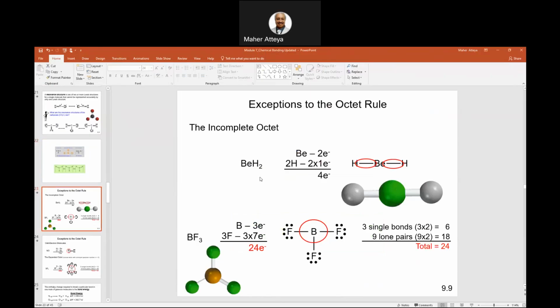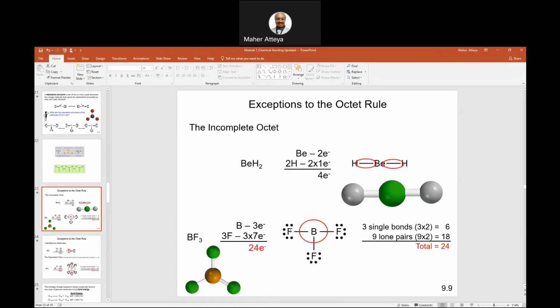Now, Lewis dot structure, as we said, is just covalent bonding between the nonmetals, correct? And the octet rule means they have to have 8 surrounding electrons, but the octet rule is not always the case. Not every molecule will obey the octet.